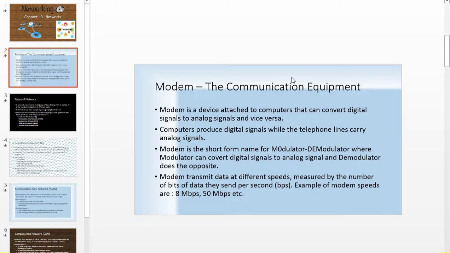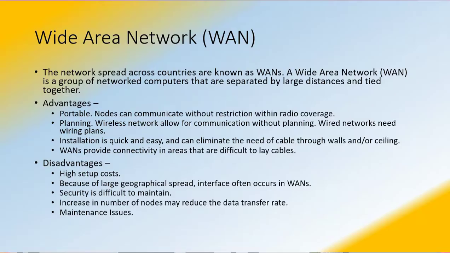The second advantage is planning, where wireless networks allow communication without planning, while wired networks need wiring plans. Here we can communicate with both, whether we are using wired connections or wireless connections.